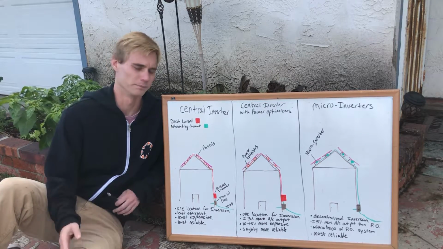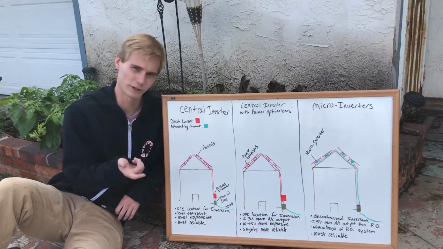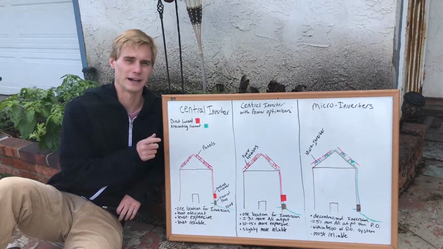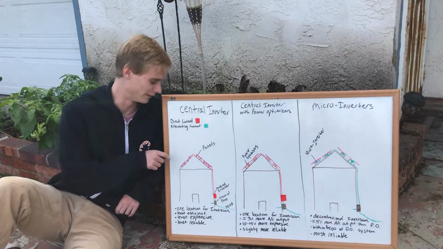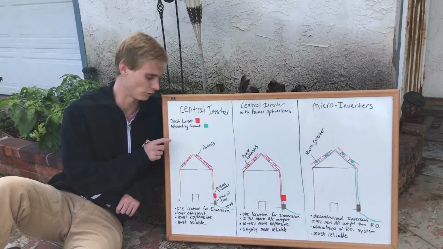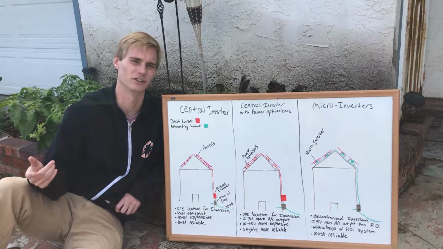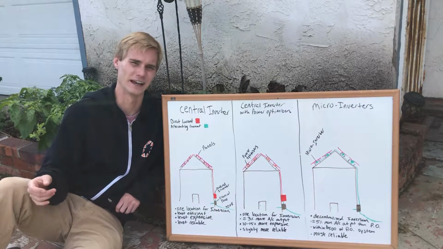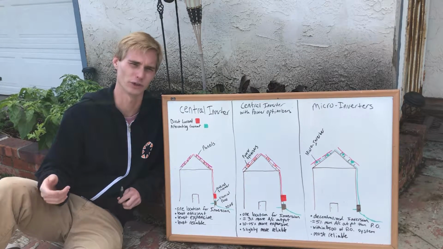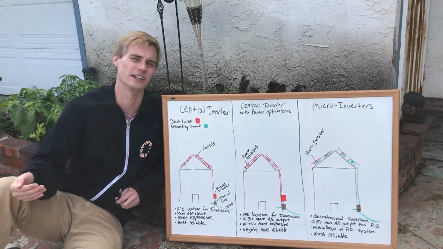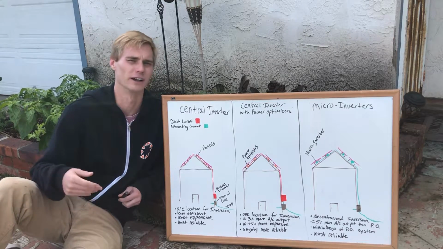So basically how it works is, by the way, I didn't have a blue pen, so the solar panels are pink. So we have pink solar panels. The panels produce electricity in direct current, DC, and everything in your house uses alternating current, or AC. So that has to be inverted from DC to AC. That's what the inverter is actually doing.